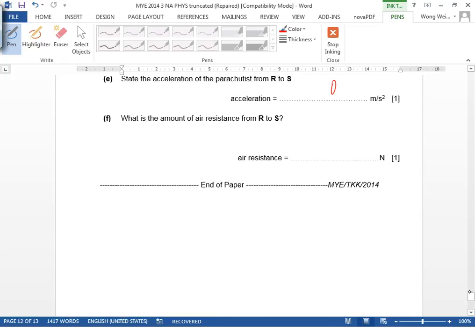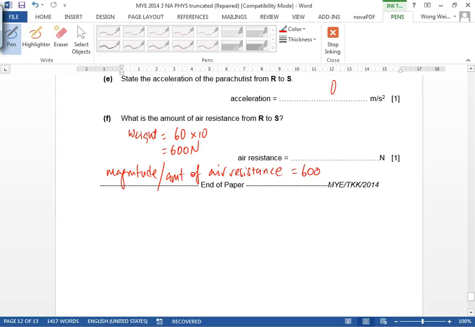Okay, so the weight is equal to 60 times 10, and you get 600 newtons. So we can write that the magnitude, or you can say amount, of air resistance is also equal to 600 newtons.